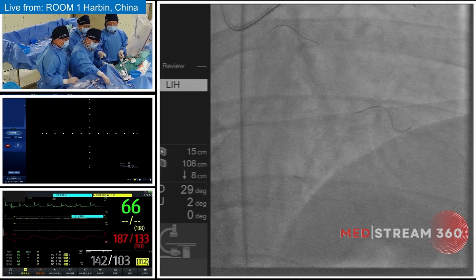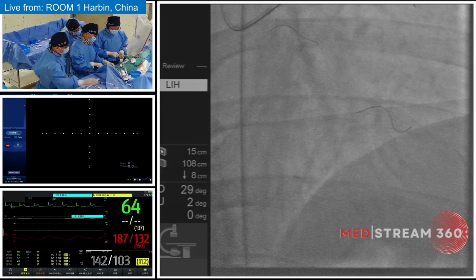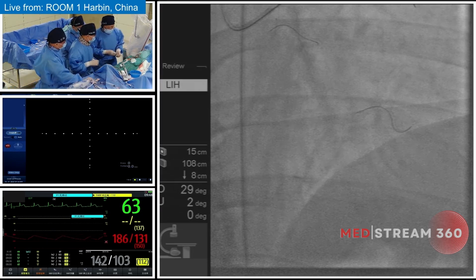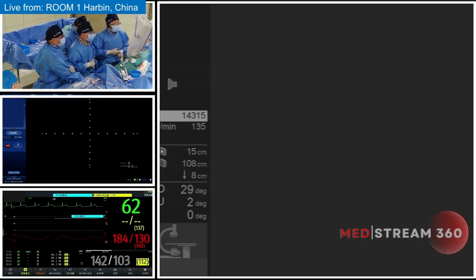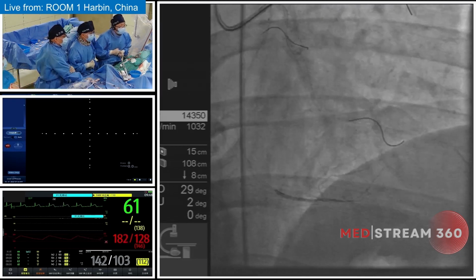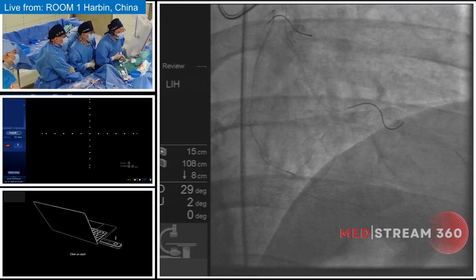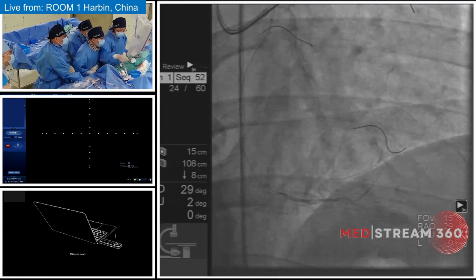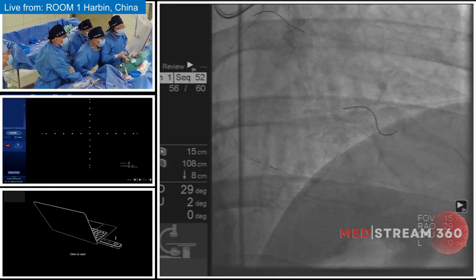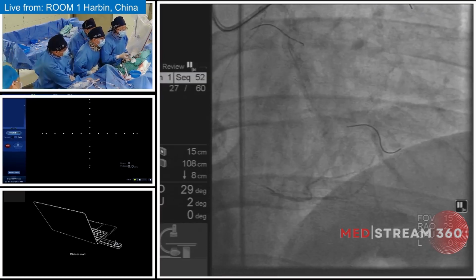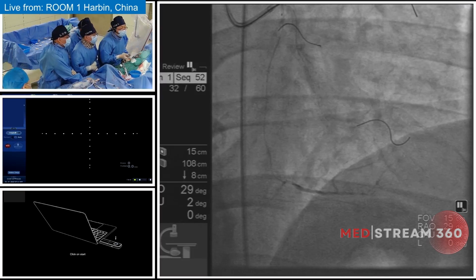Sometimes we could also try the posterolateral branch, but for the posterolateral branch, how about the proximal one? That's a choice, but it's not a guarantee.